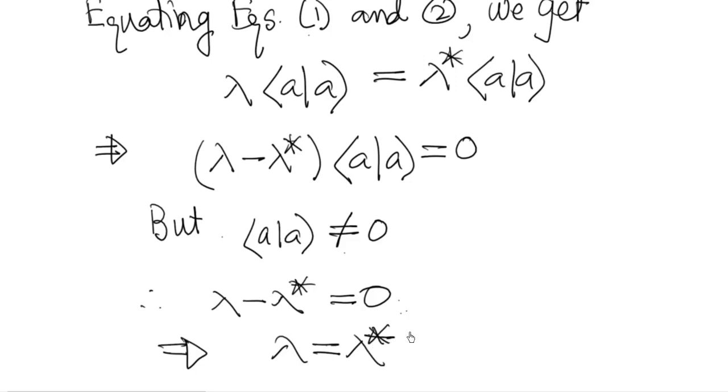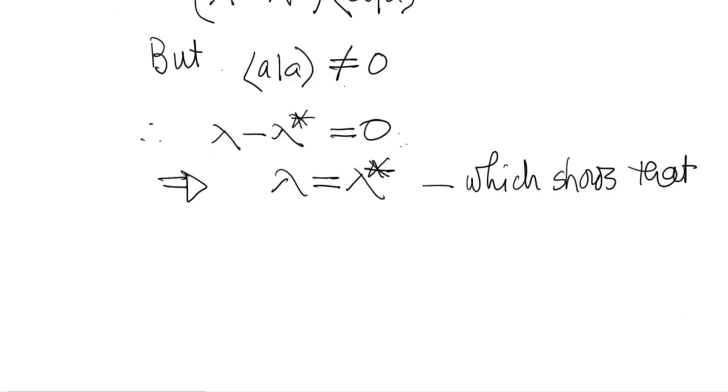Star means complex conjugate, which shows that lambda is real. That means the eigenvalues of a Hermitian operator are real.